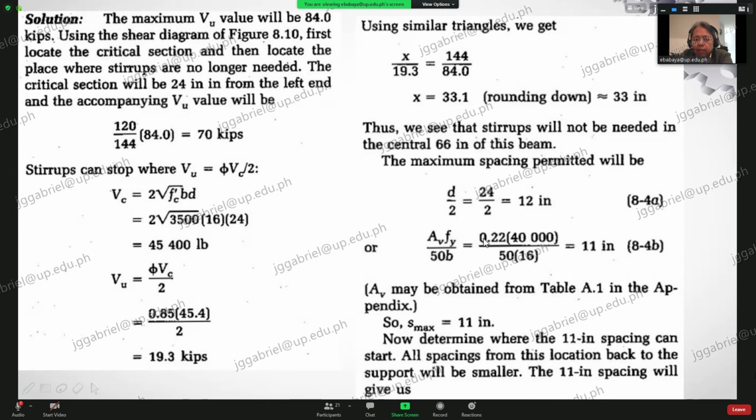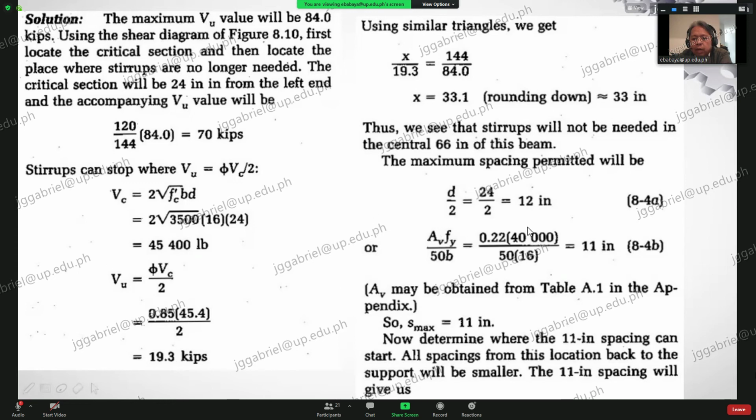So Av is 0.22. Actually, one cross section of a number 3 bar is 0.11. As we said, we are considering two cross sections of the stirrups, so 2 times 0.11 is 0.22. That's the value of your Av.